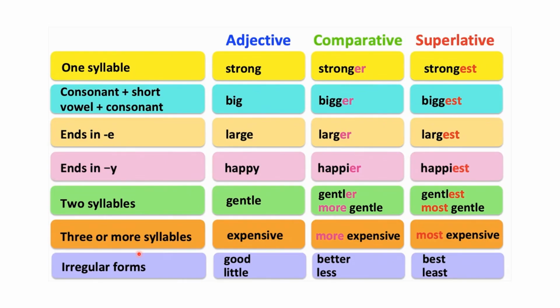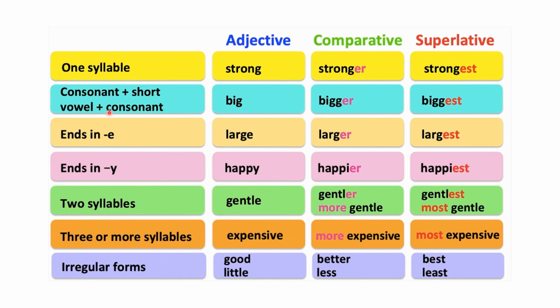Okay, now let's study the adjective, comparative, and superlative. As I said before, we have learned comparative in module 8. Okay, so now look at the note for one syllable. One syllable, we just add er and est. Stronger, strongest.